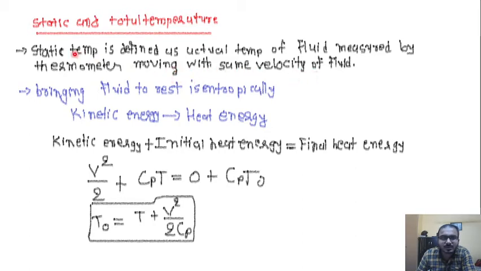And to understand the meaning of total temperature, we bring the fluid to rest isentropically so that there will be a conversion of kinetic energy into heat energy. So if we see the equation, then kinetic energy plus initial heat energy is equal to final heat energy, and for unit mass we have written this equation, and finally we get that T0 is equal to T plus V squared upon 2Cp.